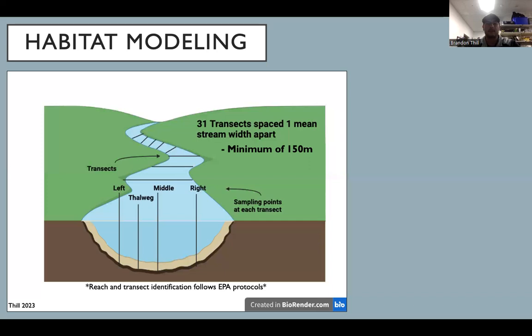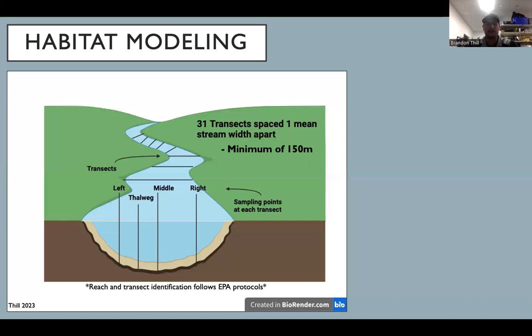Now, the stream reach was defined as 30 times the mean stream width, or the average width of the stream. So if my stream was on average 5 meters wide, my stream reach would be 150 meters long.